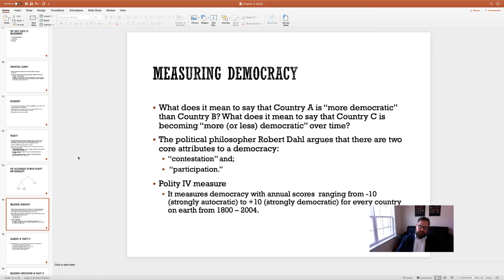He attributes two things to democracy, right? He says for any country or any governmental unit to be democratic, it has to have these two features. There has to be contestation, so there has to be elections held, political leaders vying for power and so on. And there also has to be participation.